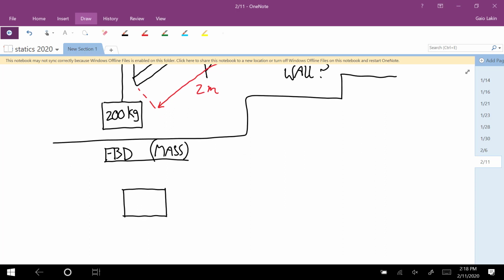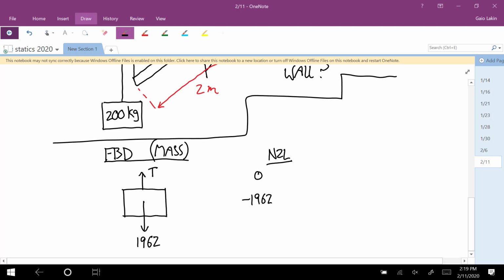Okay, so for the mass, we have 200 times 9.81, so 1962. And then we have the cable force up. Newton's second law says 0, negative 1962, plus T is equal to, well, for us it's going to be 0 because it's statics.